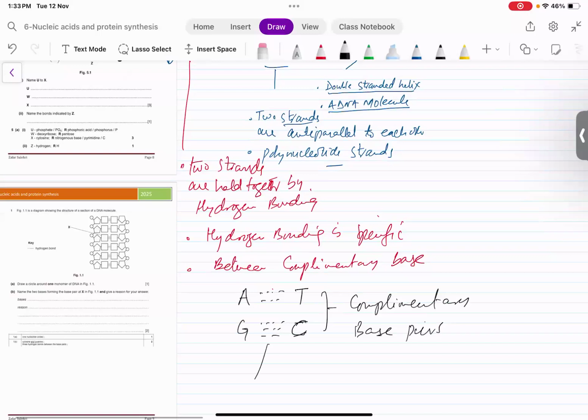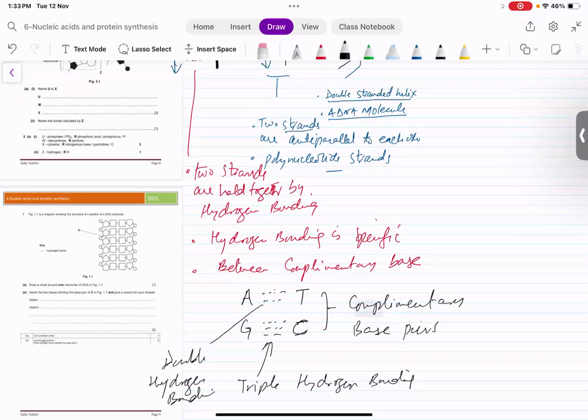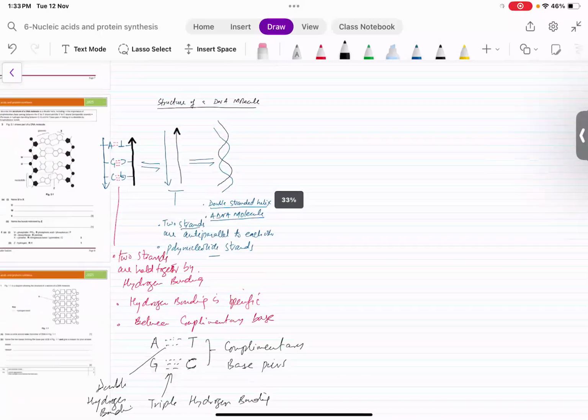And this is triple hydrogen bonding. And this is double hydrogen bonding. Now, what does this anti-parallel mean?